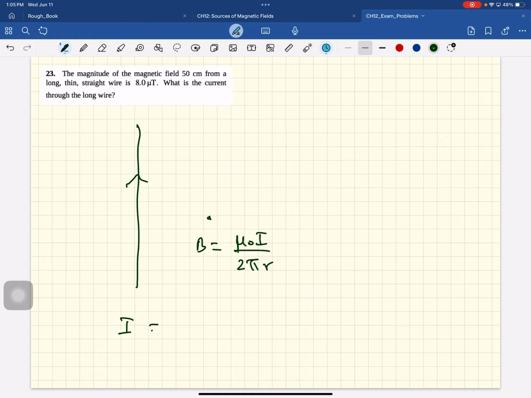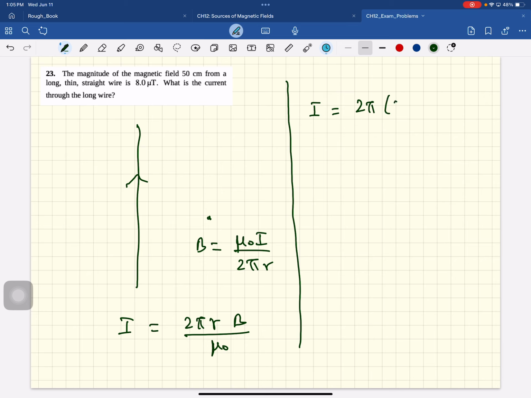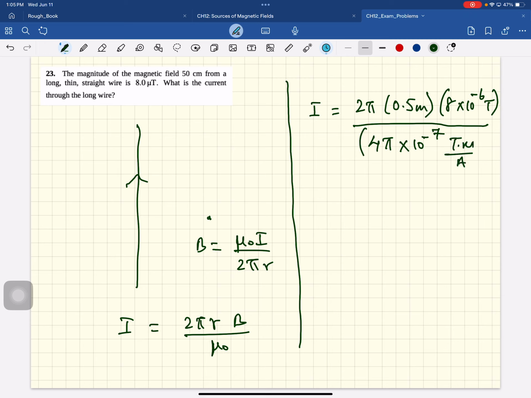So I is 2 pi r B divided by mu naught. 50 centimeters is 0.5 meters, 8 microtesla, and mu naught is 4 pi times 10 to the minus 7 tesla meter per amp.